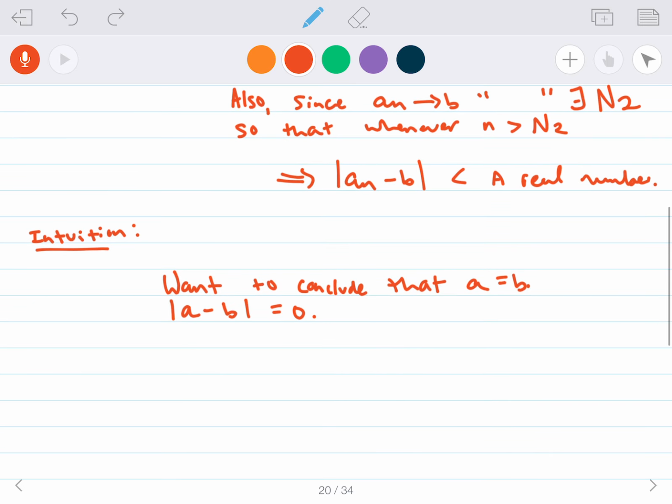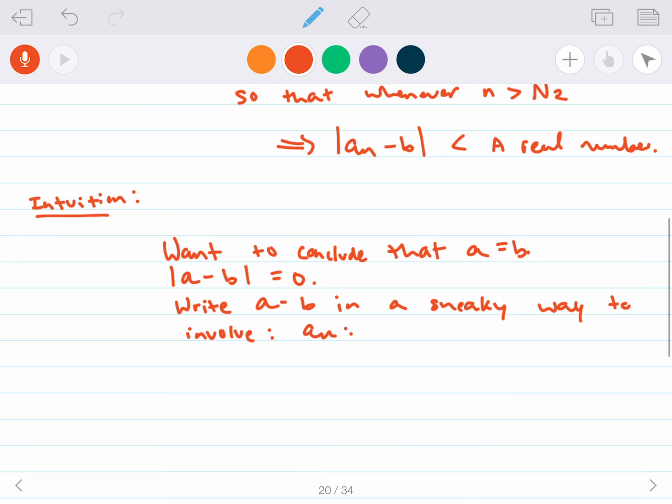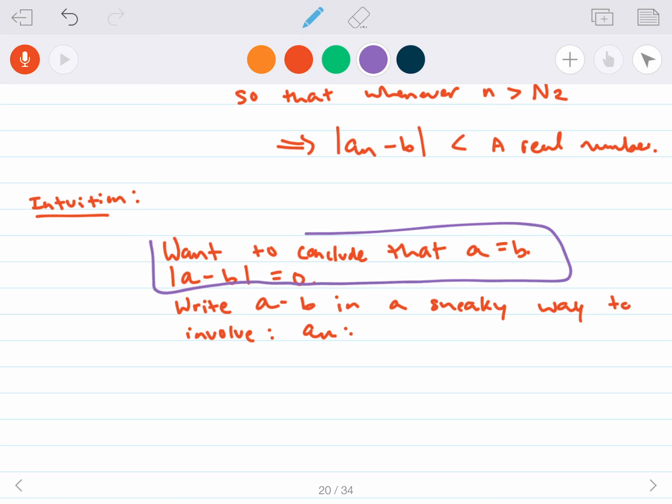So if I write A minus B in a sneaky way to involve my sequence, right? I always want to use what I have somehow, and that's my sequence. So again, this is our goal here. Let's see, maybe I'll just box it like this.